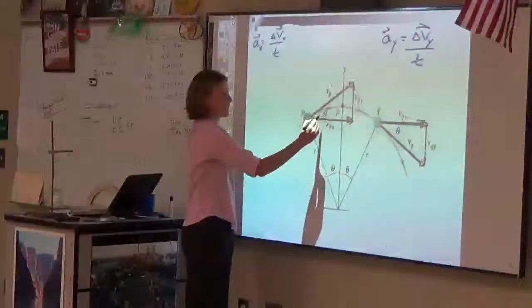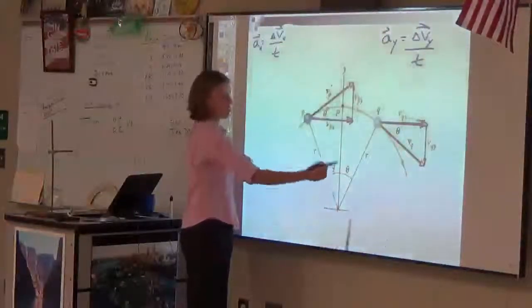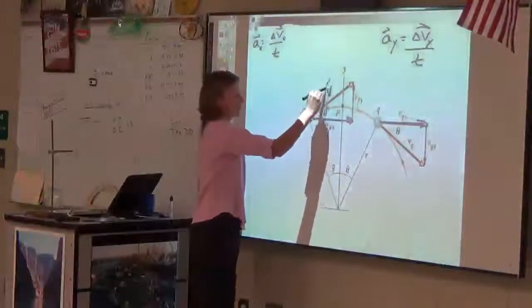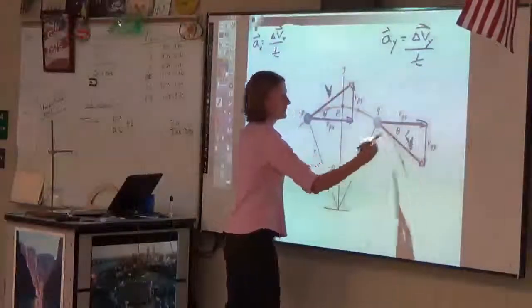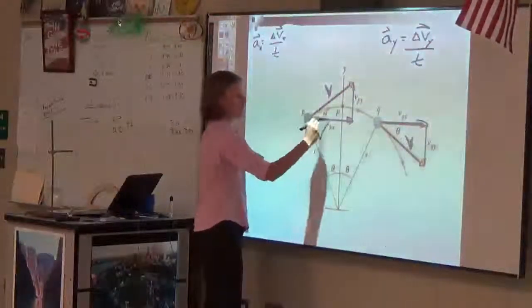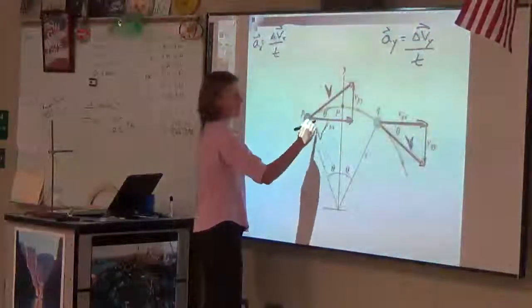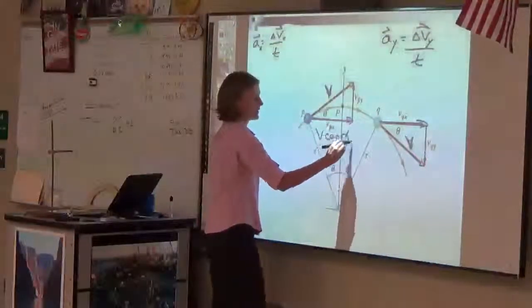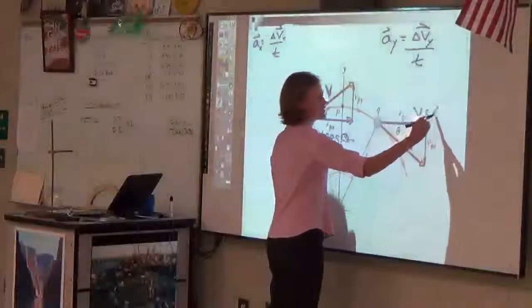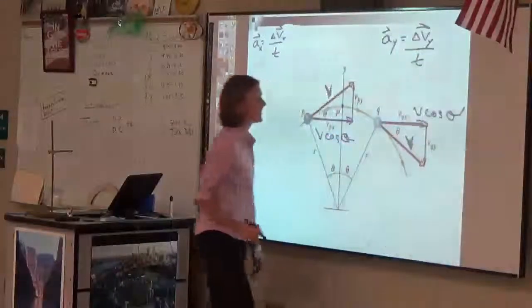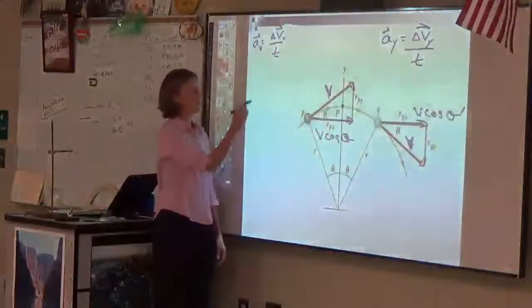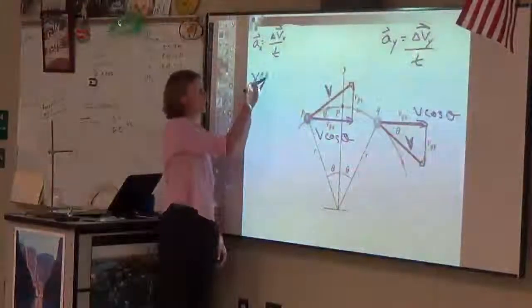We did have the assumption that this velocity is the same as this velocity. So this component would be v cosine theta. Same here, v cosine theta. So in the x direction, final minus initial is 0, like you said.